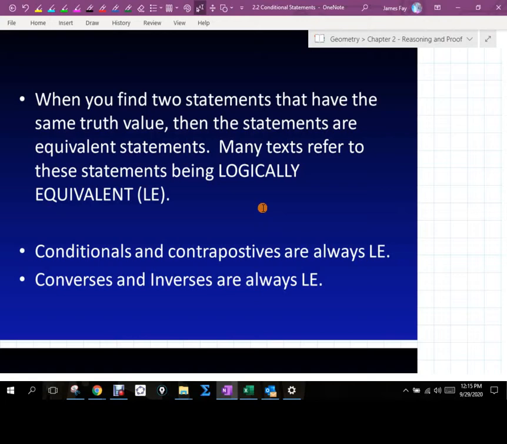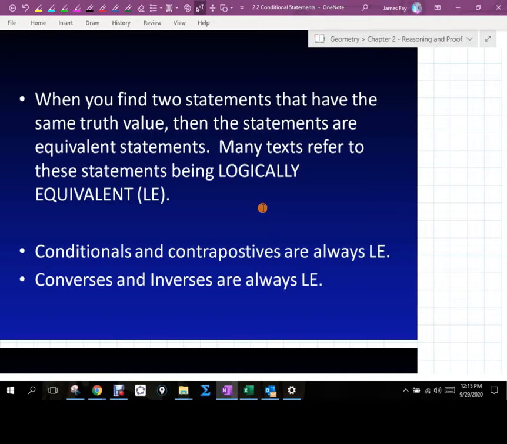Does that make sense? The converse and the inverse are always logically equivalent. They are always both true or both false. The way I remember which ones pair up is the ones that have "verse" in them. They pair up, and that leaves the other two to pair up as well.